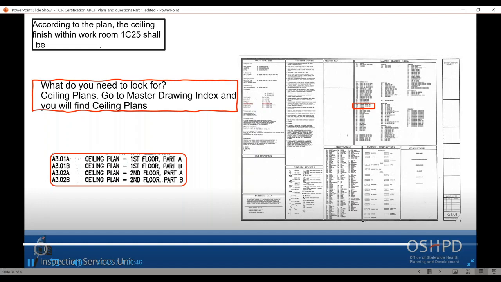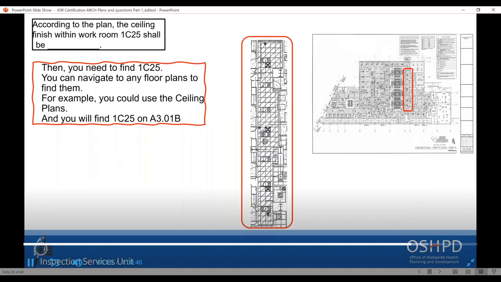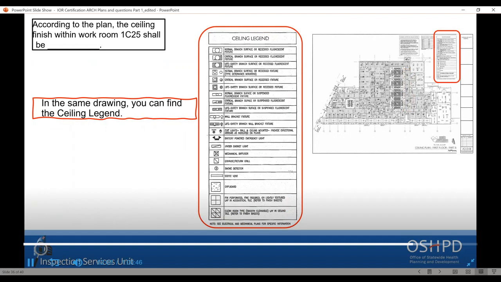And so it could be A3.01A or A301B, which are the reflected ceiling plans. Again, you need to look only at that specific room. So once you find the room 1C25, pay attention to the pattern of the ceiling, okay? Then you need to look for the ceiling legend, which is on the top right.